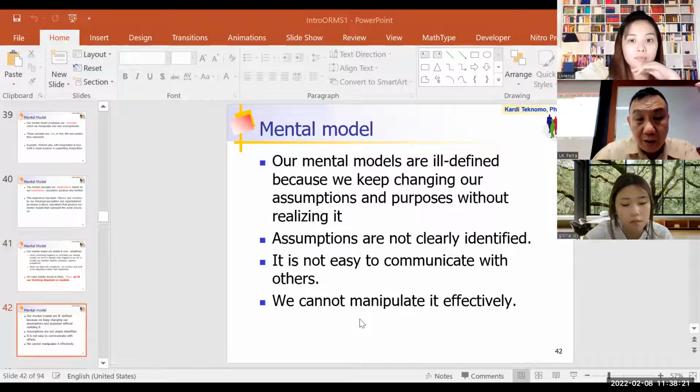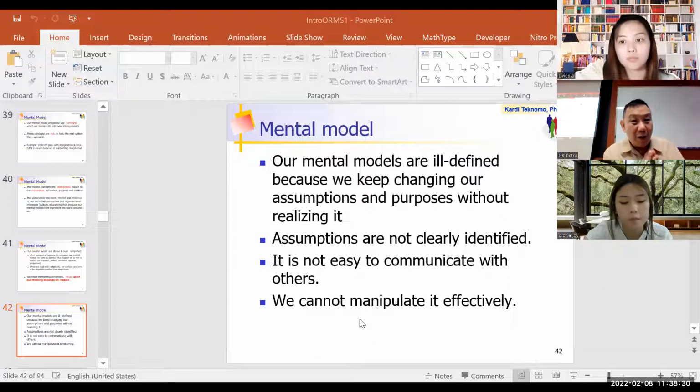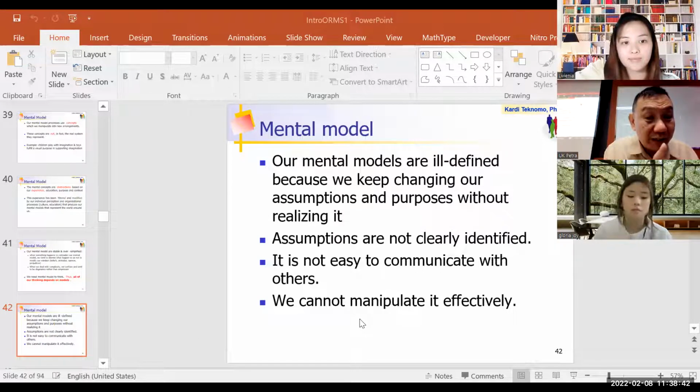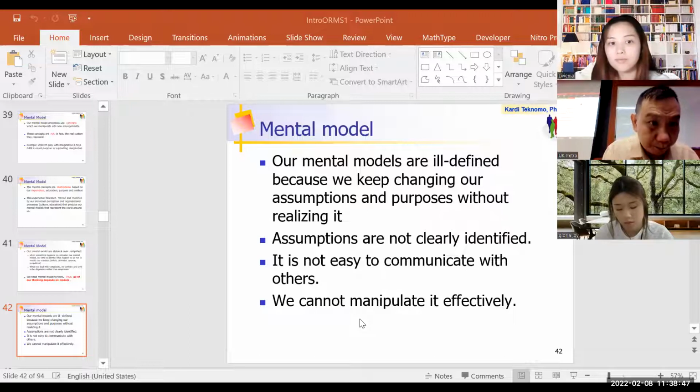We know that our mental model is ill-defined. Why? Because it keeps changing our assumptions, actually. We keep changing our purpose without realizing it. Human beings are very funny because of this. The problem is our assumptions keep changing and are not clearly identified.